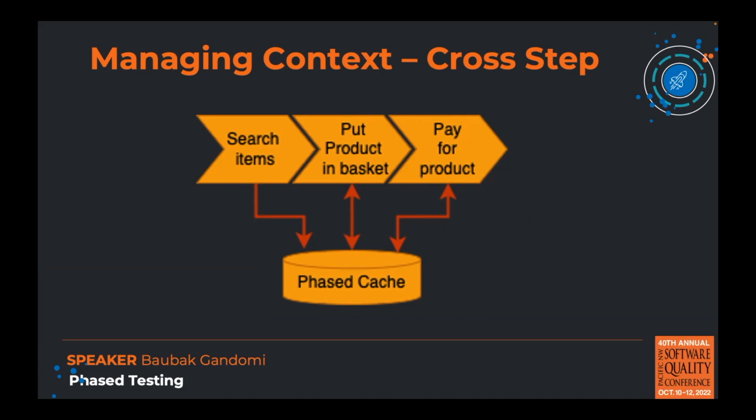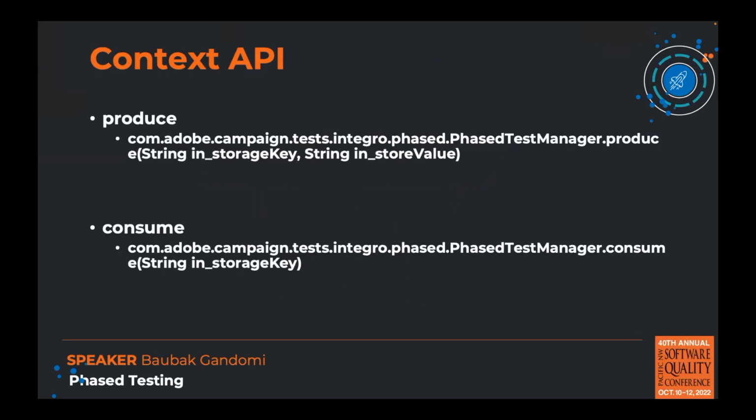By doing this, when we pay for the product in the last step, for example, it should be able to fetch the data which was stored in the previous steps. This is done using what we call a context API, and we have two steps. Basically, that's why the phases are called producer and consumer.